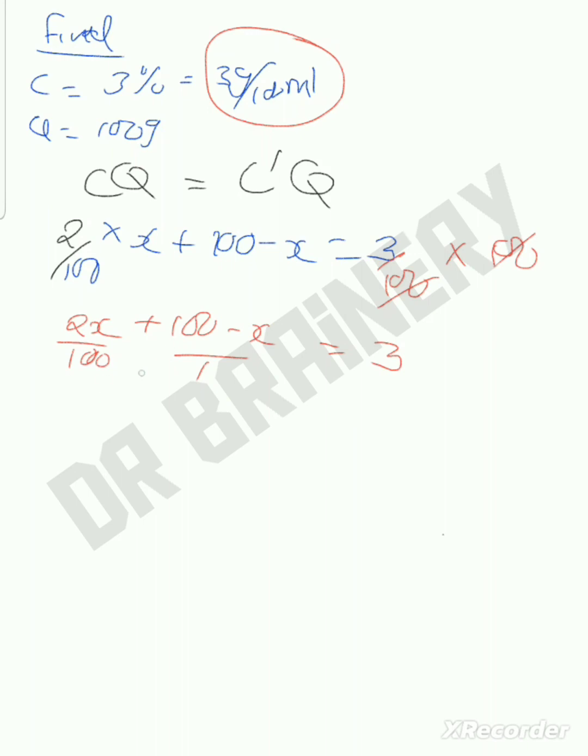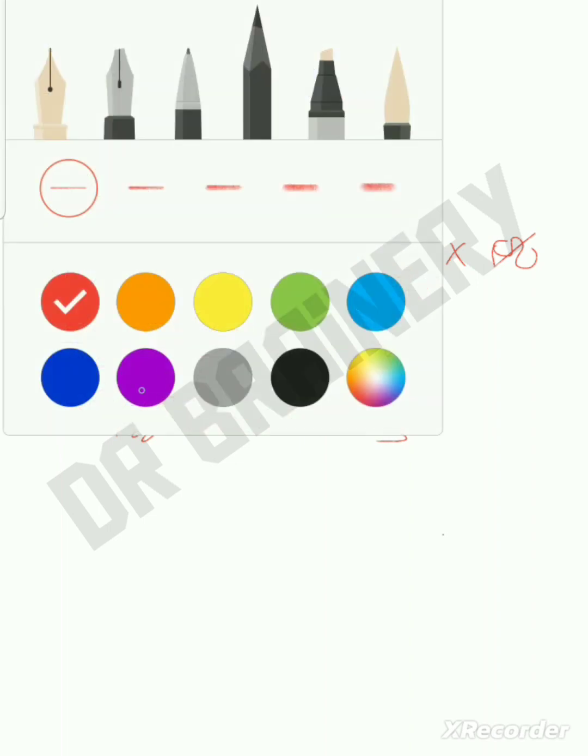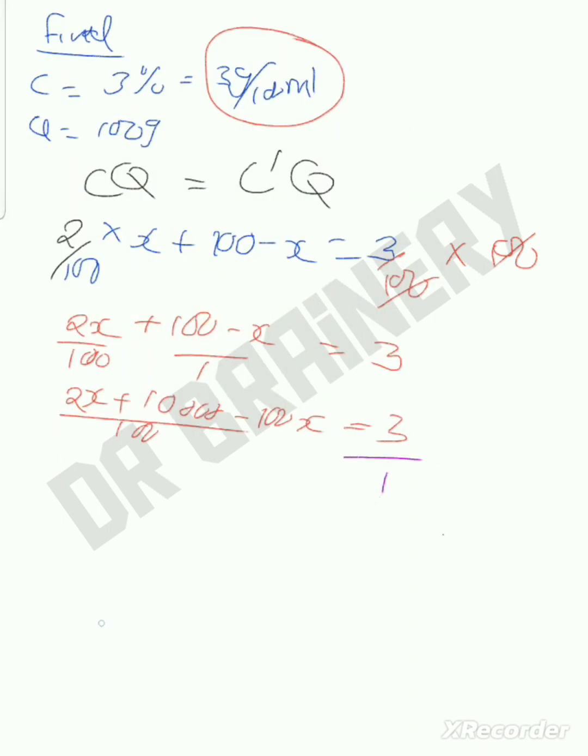Then we cross multiply: 100 into 100 it is 1, then here 2X, plus 100 times 100, which is 10,000, minus 100 times X, which is 100X, is equal to 3 times 100, which is 300.